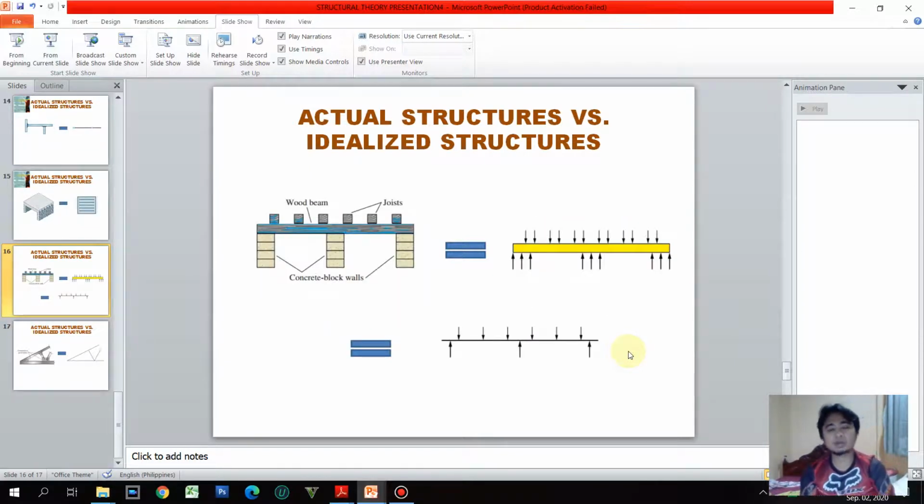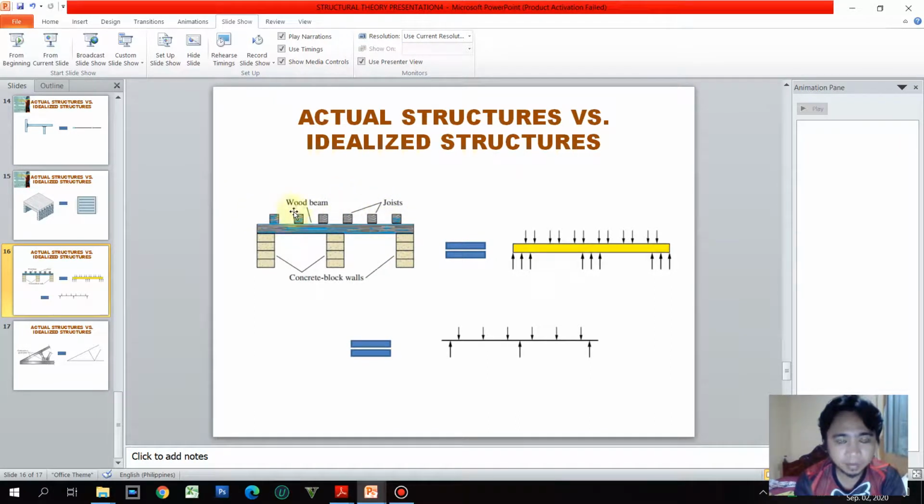so how about if we have a loading here? How shall we now reflect the loading? So here is an example of a loading coming from the joist.